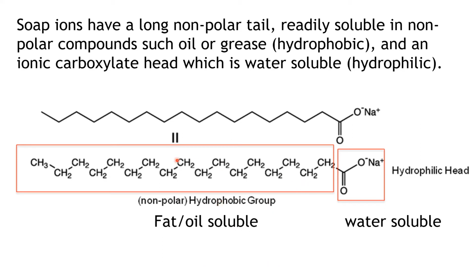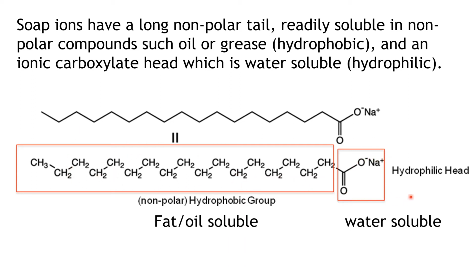We can say this group is hydrophobic, i.e. it's water hating. We know that fats and oils don't mix with water, they don't particularly like being in the presence of water, so we say this is a hydrophobic group, if you like, a water hating group. This part of the molecule has a preference for being soluble in fats and oils.